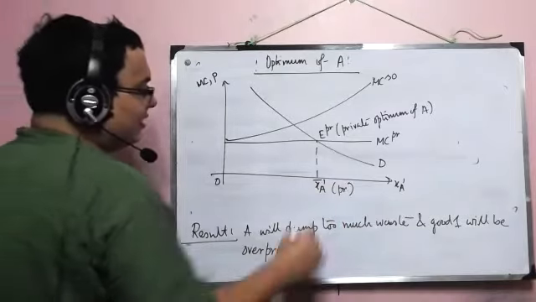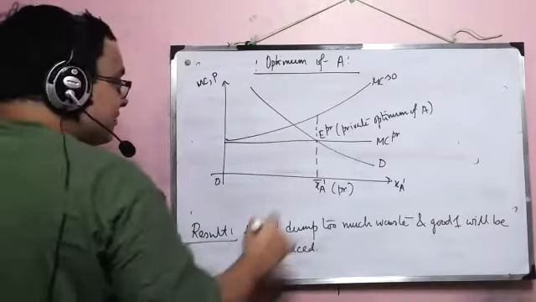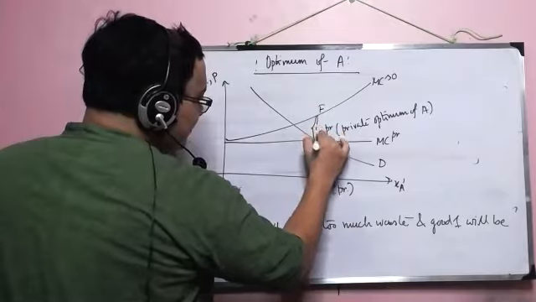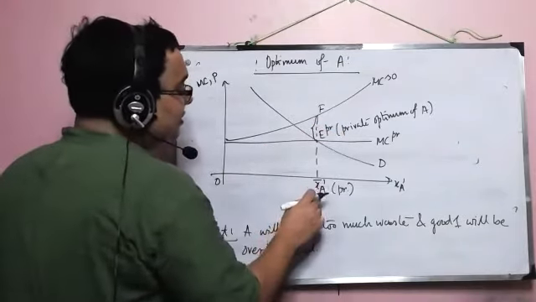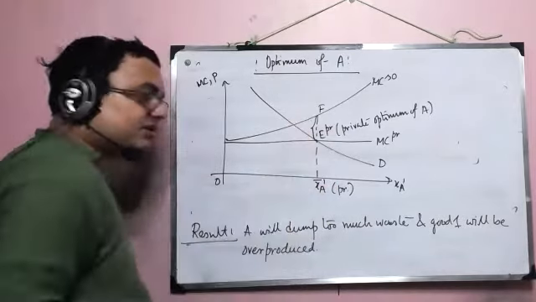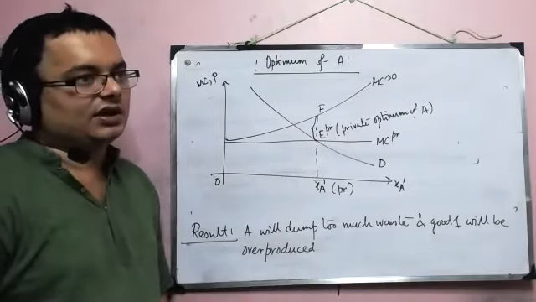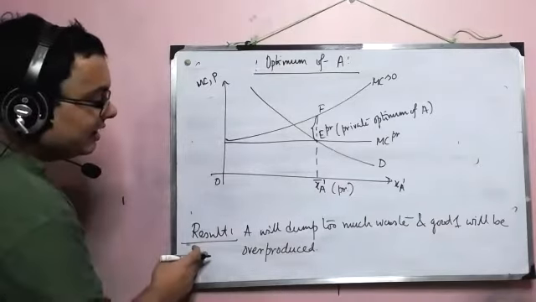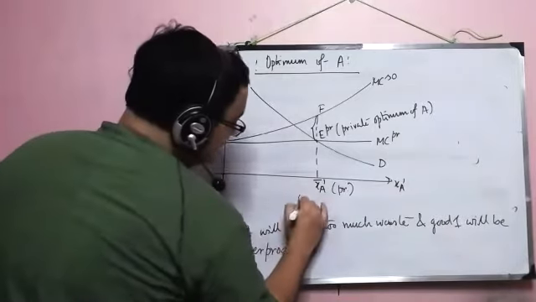But as we saw, the associated social cost is appearing at this point, let's say F. So this gap is the cost imposed by the production of good 1 of this amount, and this is also the cost which is ignored entirely by A because A doesn't pay for it. Okay, so that shows this result, that XA1 will be overproduced, right? So here we see this overproduction. So this is our overproduction.